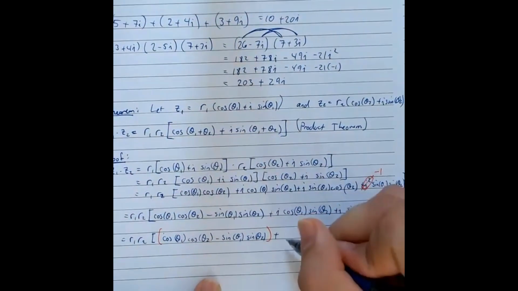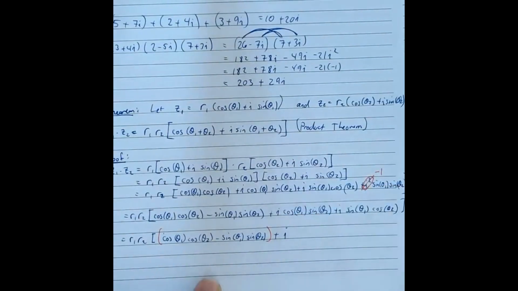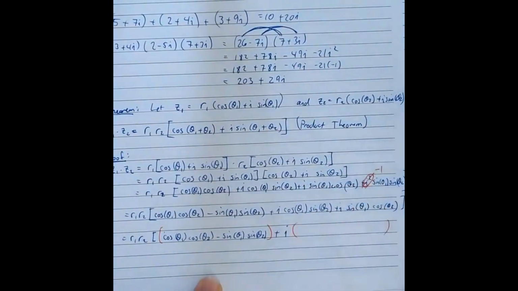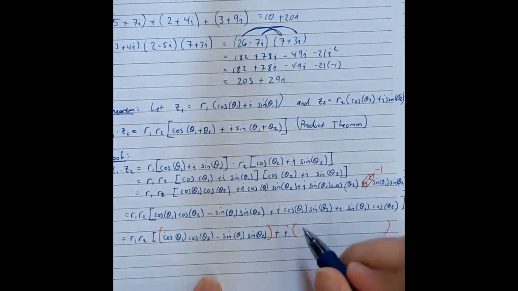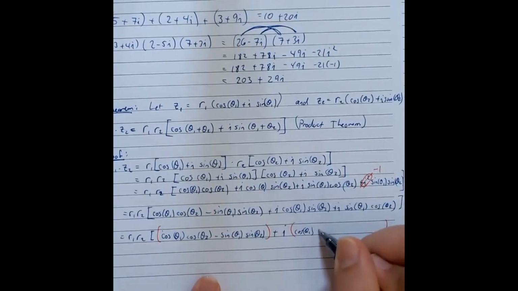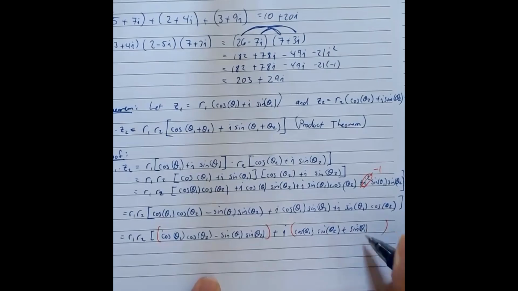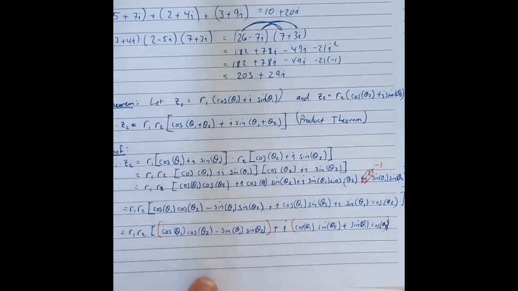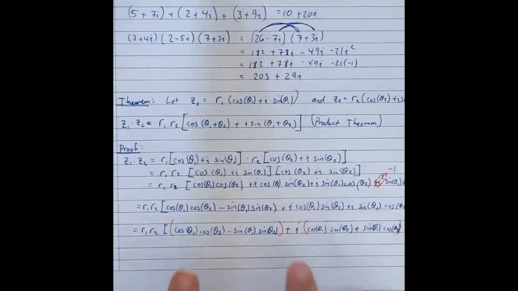That's a common factor, so let me factor that out. And once I factor out i, let me keep all that stuff in parentheses: cosine of theta 1 sine of theta 2 plus sine of theta 1 cosine of theta 2. Just like that. But now, take a moment. Do those look familiar?